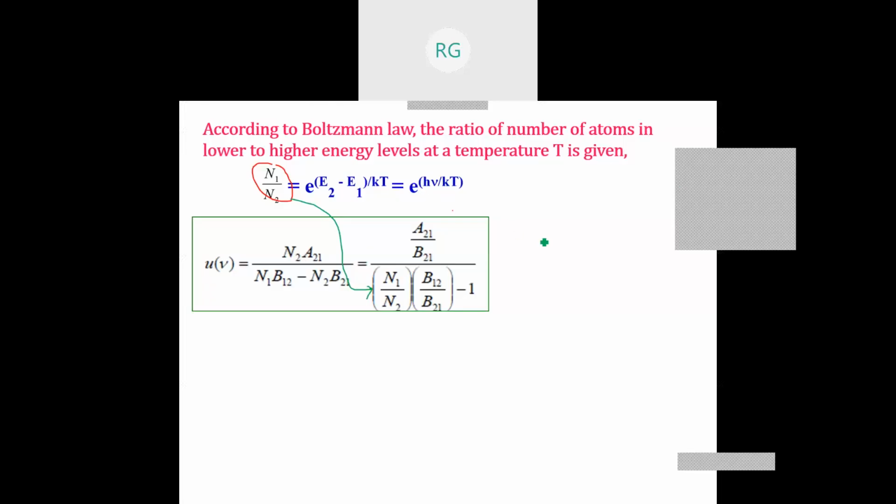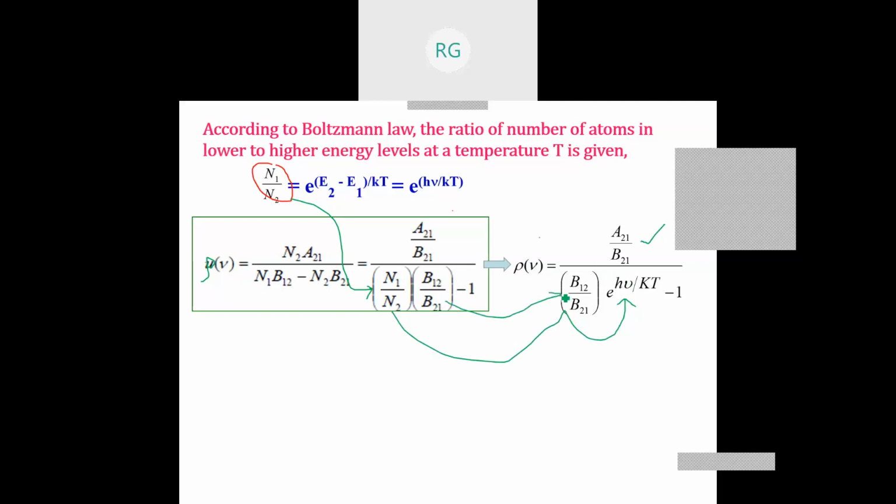If I do that, the equation will become something like this: rho nu is equal to A21 by B21 as it is, then n1 by n2 replaced by e power h nu by kT, and B12 by B21 as it is. And we have minus 1 also there.